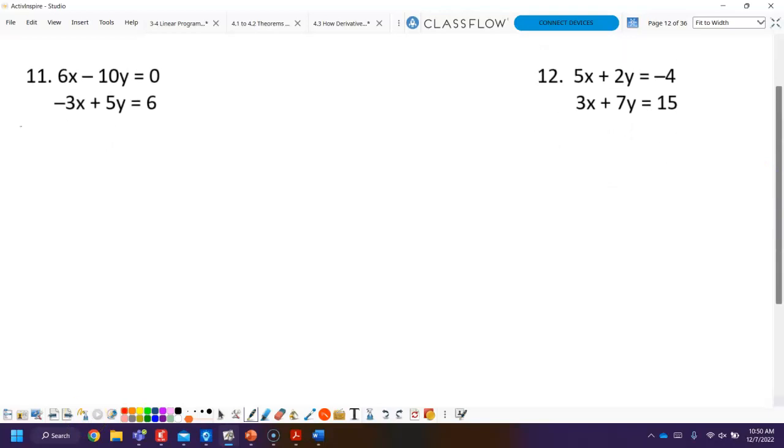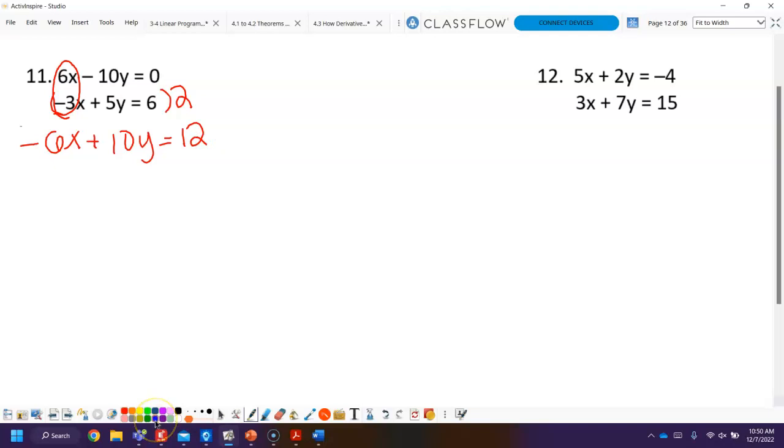Okay. In number 11, I see that same 6 and negative 3. So this time I'm going to multiply the bottom by 2. So my bottom equation becomes negative 6x plus 10y equals 12.